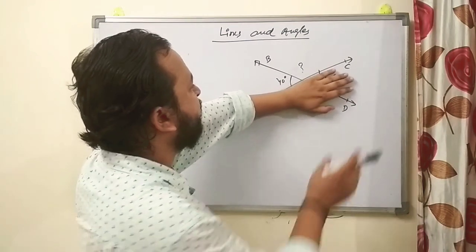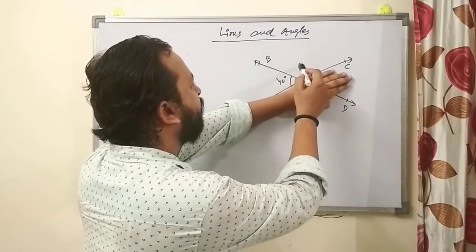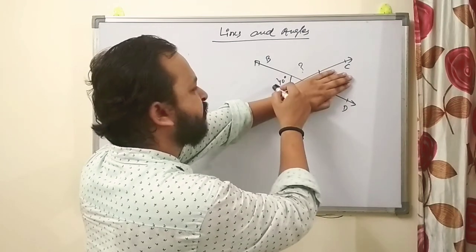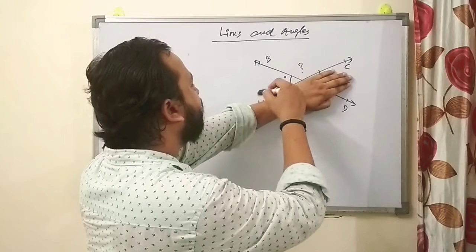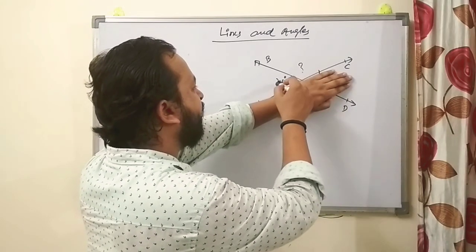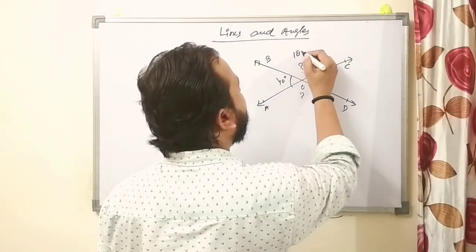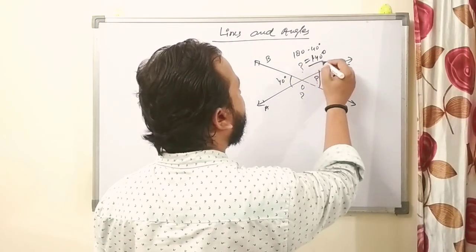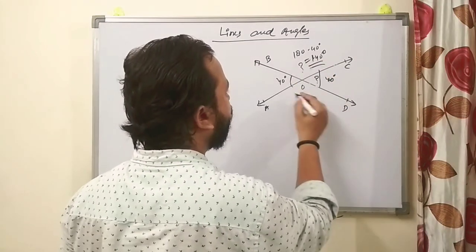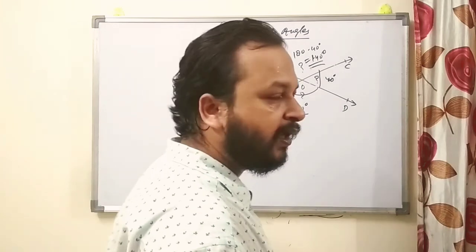So this is a linear pair of angles, right? They make a 180 degree angle. So if this angle is 40 degrees, this angle is 180 degrees minus 40 degrees, that equals 140 degrees, right? So if this is 140 degrees, this is also 140 degrees, because this angle is vertically opposite.